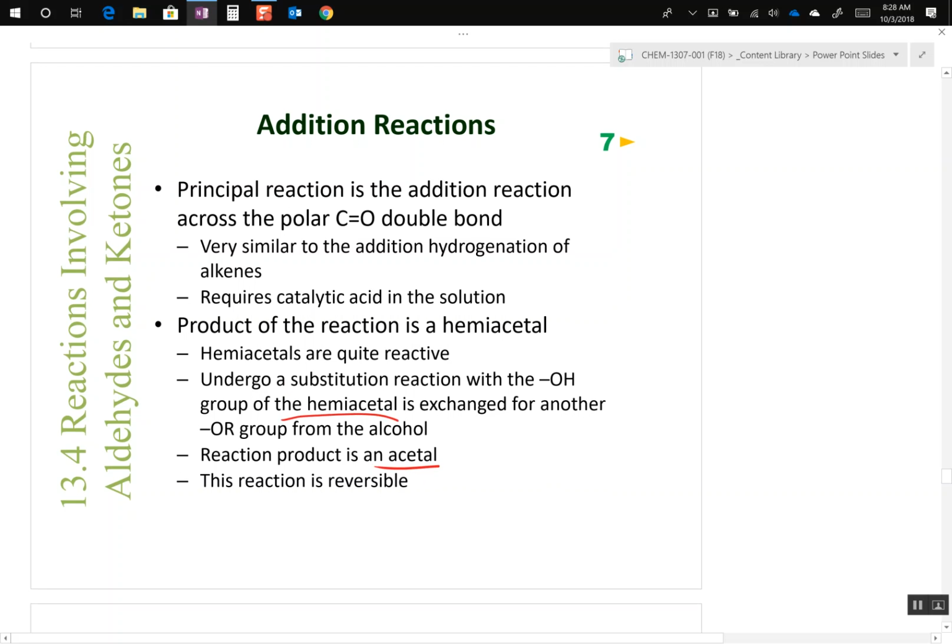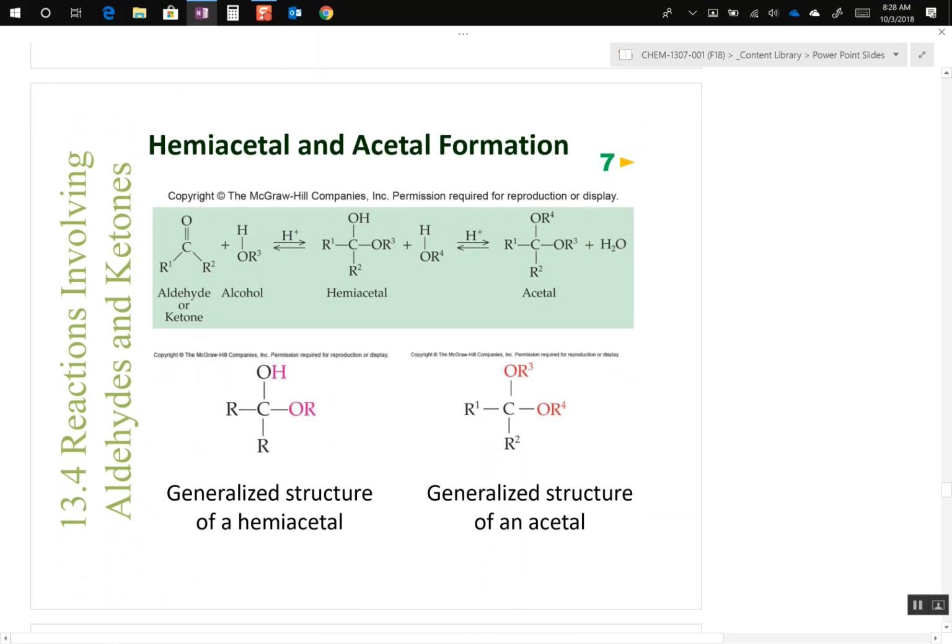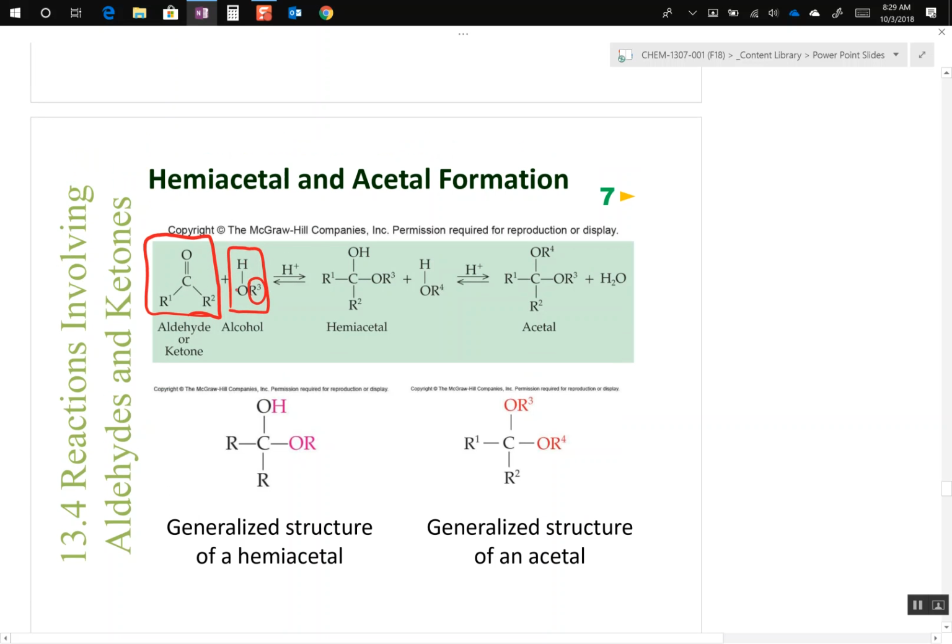Okay, so let's look at how that's going to be accomplished. So you have your aldehyde or ketone here, and you react it with an alcohol. You see the R group here. That R group, whatever it is, that's attached to this oxygen. Okay, you're going to lose this hydrogen. And then this OR group is going to get attached to the carbon of the alcohol.